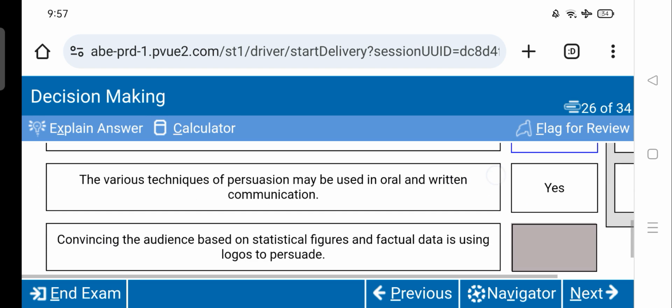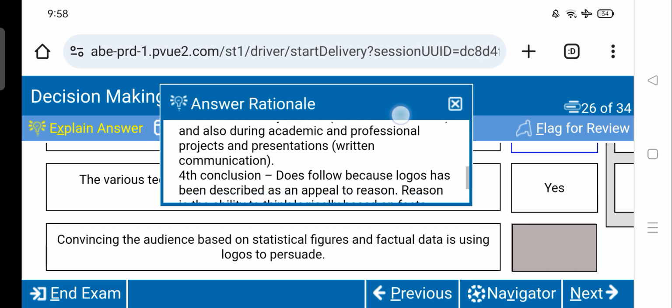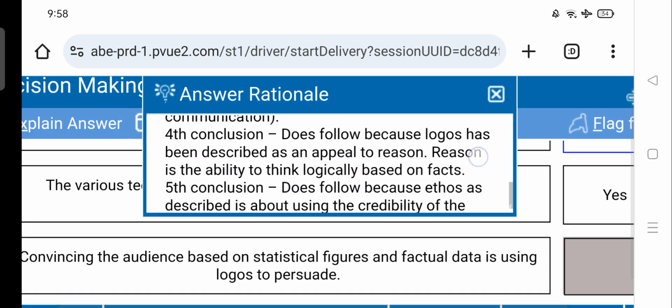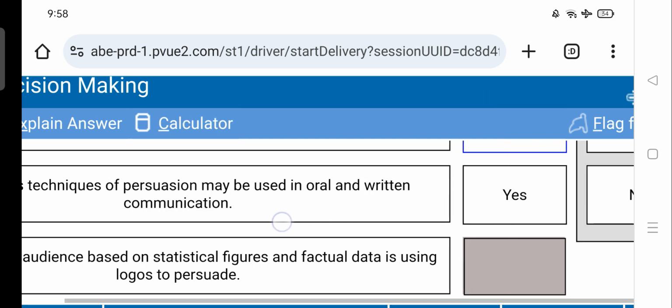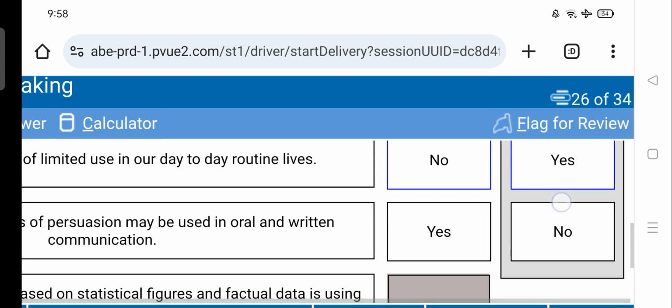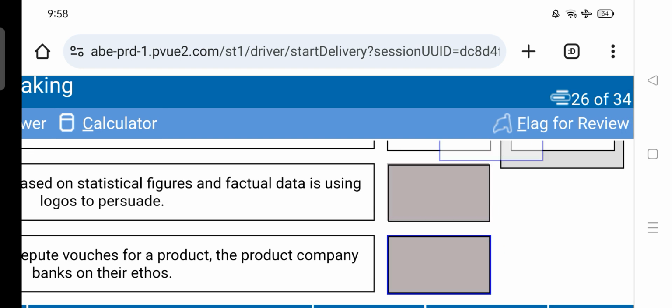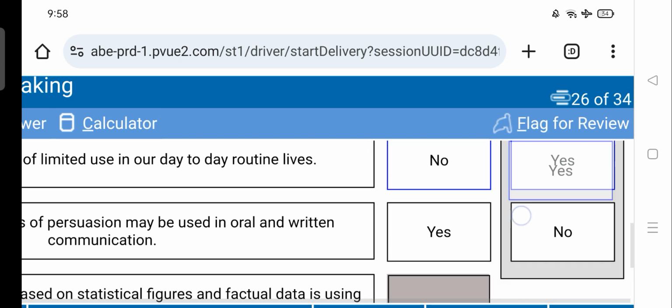So the fourth conclusion, it does follow because logos has been described as an appeal to reason. Reason is the ability to think logically based on facts. So as it does follow, we will drag a yes and drop it here in front of this box like this.